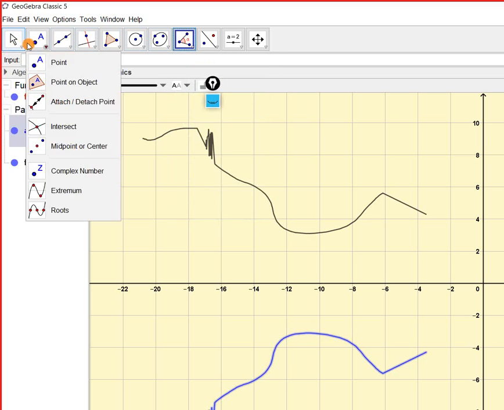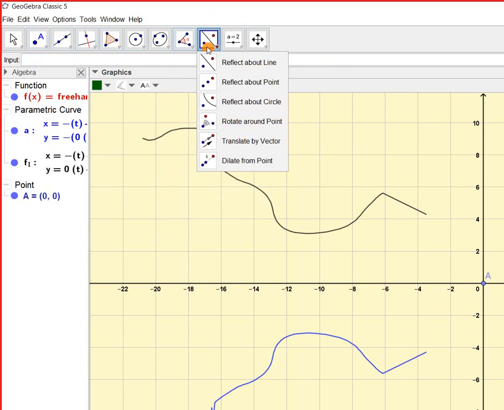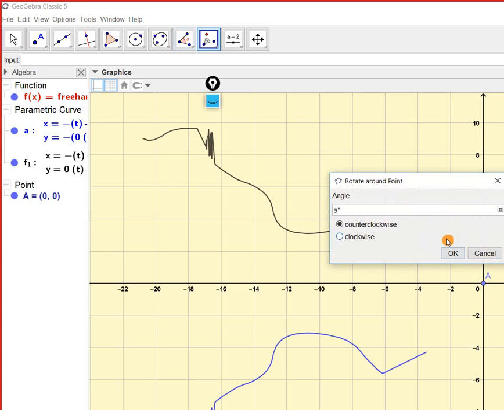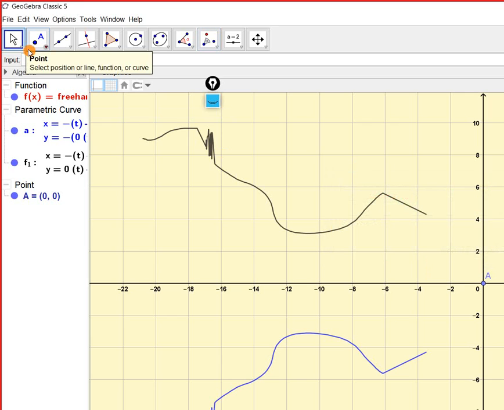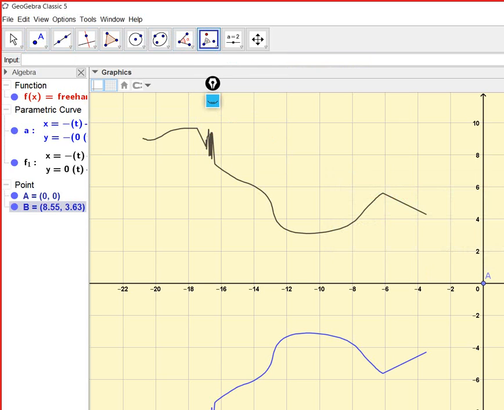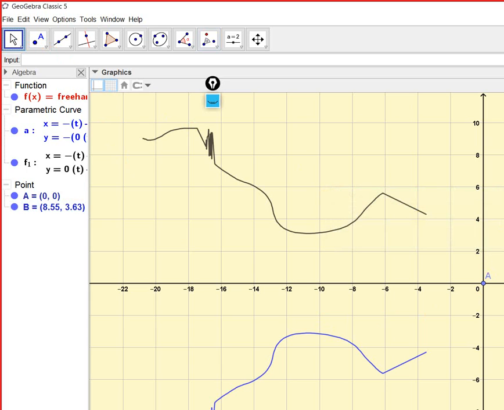Okay, so if I have a point at 0, 0, and I take this red one and rotate it around point A, isn't that going to let me do it? It might not let me do it because it's a freehand curve.